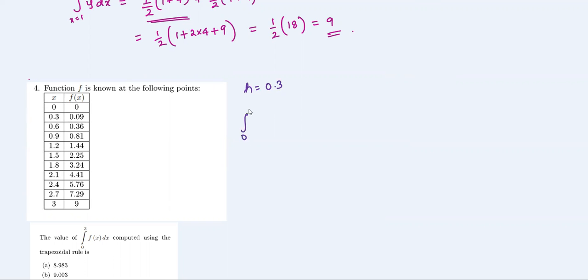Now integral 0 to 3 f of x dx is h upon 2 into y naught plus 2 times y1 plus y2 plus y3 up to yn minus 1, plus yn.